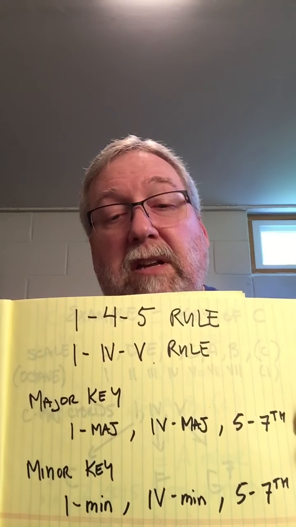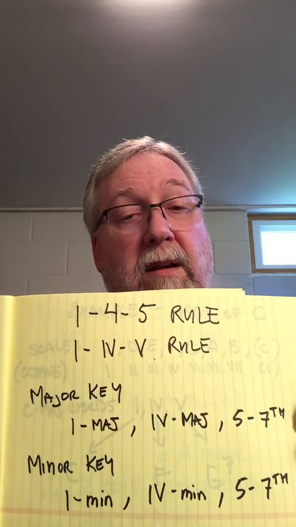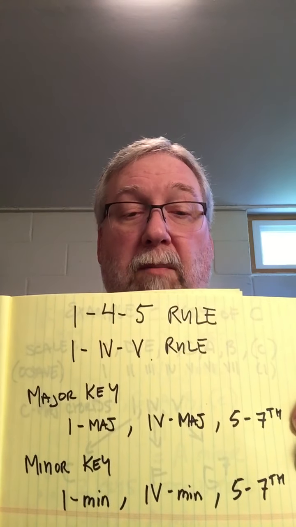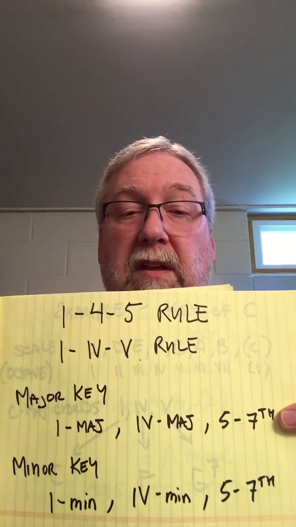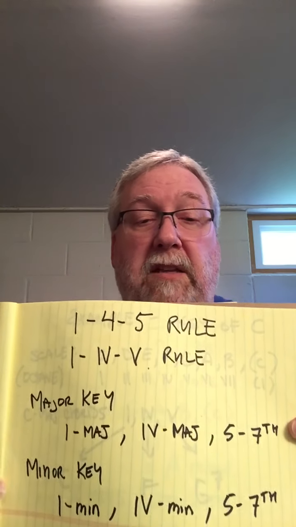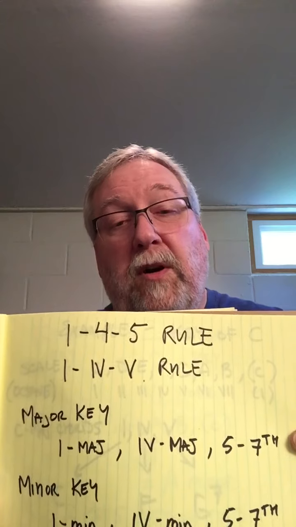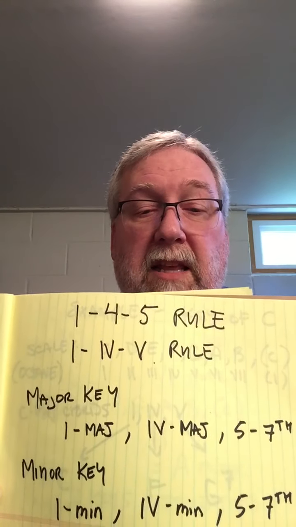So in a major key, our important chords are going to be the 1 major, the 4 major, and a special case for the 5th note, the 5 7th chord. And I'll explain this in more detail in a minute.